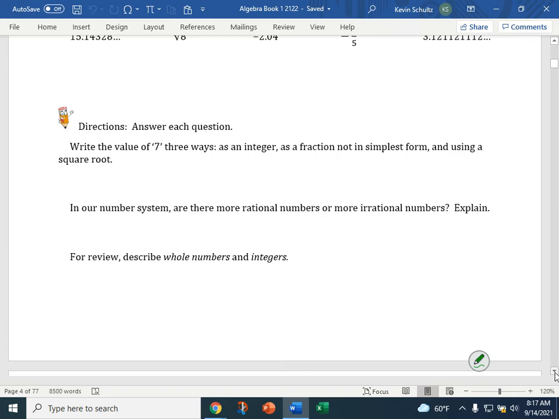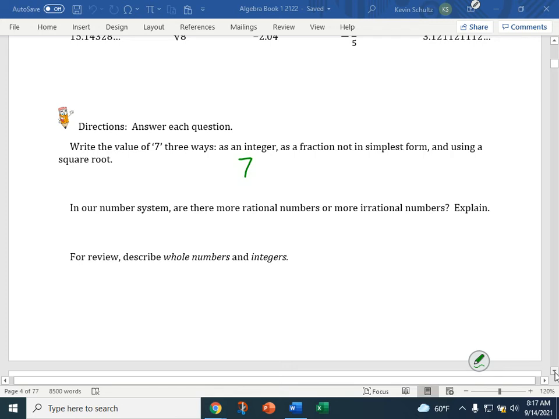Positive or negative. There's one other condition here to make it an integer. Kylie? Whole number? Well, whole number is a different set, but it's a positive or negative non-decimal non-fraction. Okay, so like negative 7.1 would not be an integer. Okay, so as an integer, just 7 is the only way to write 7 as an integer.